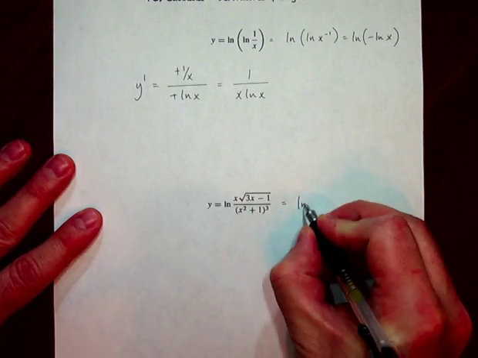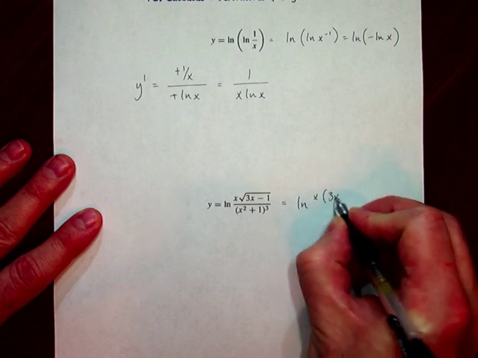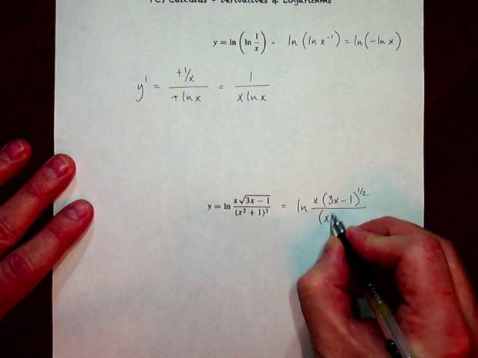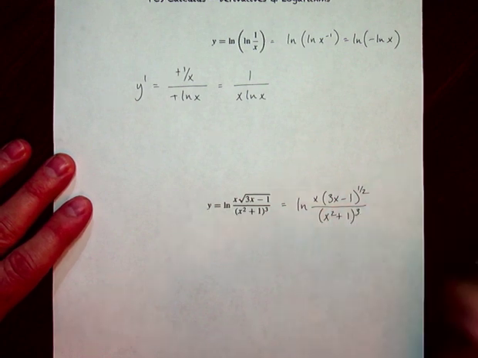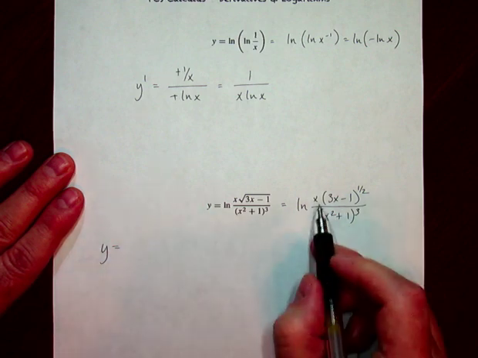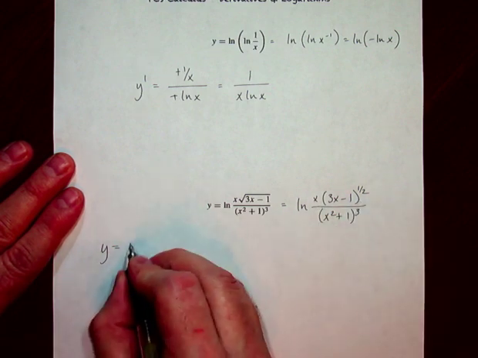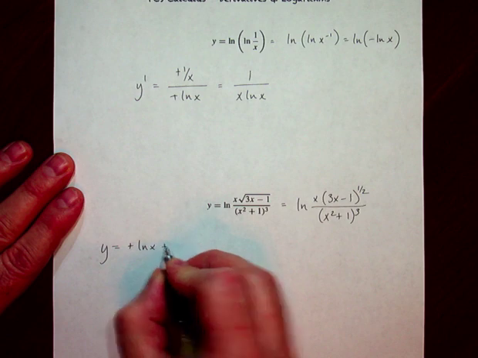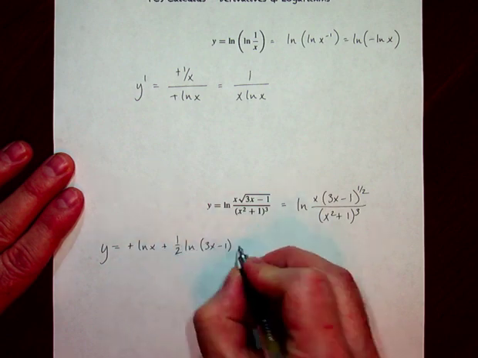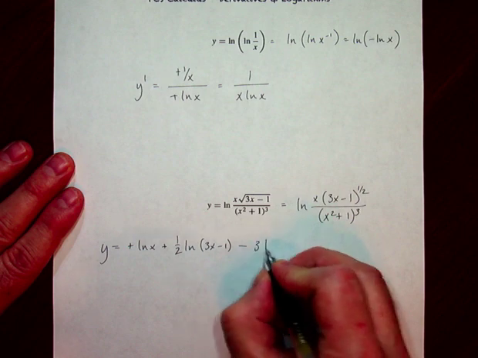This is natural log of x, and we'll change the radical into a fractional exponent. And therefore we're going to have y is equal. Remember, every factor of the numerator gives us a positive logarithm, and every factor of the denominator gives us a negative logarithm.